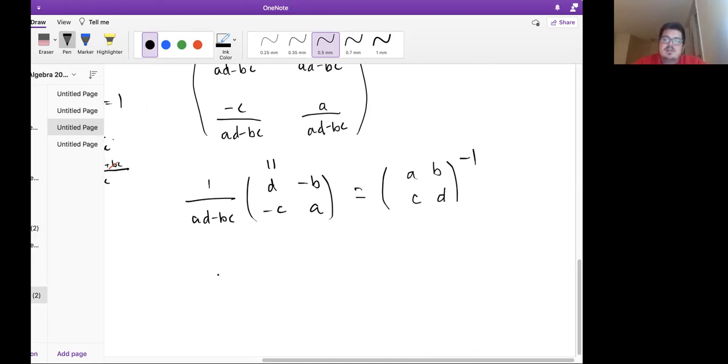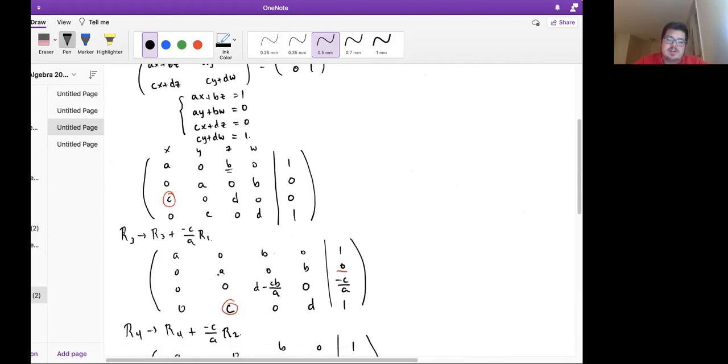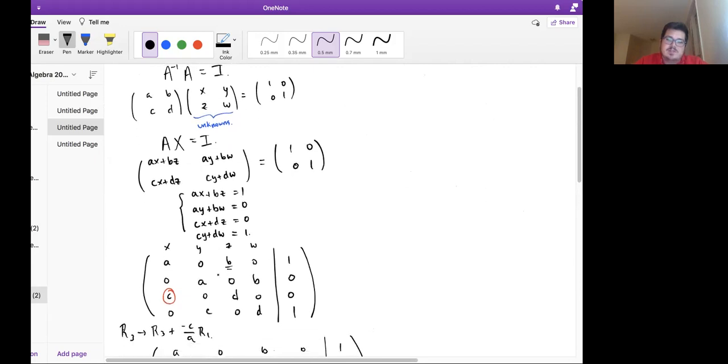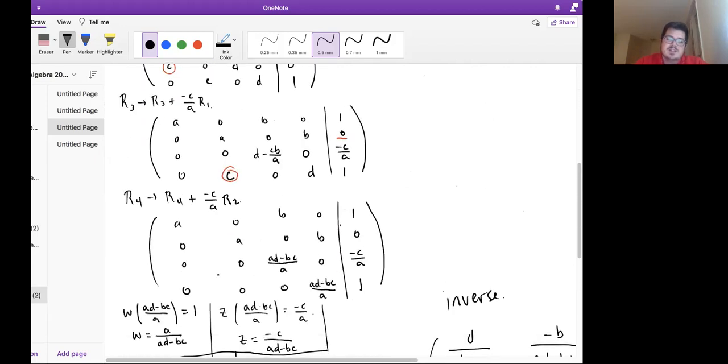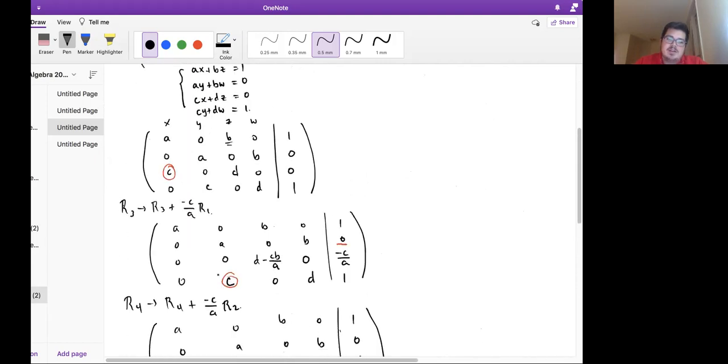By the way, I'll let you try to figure out yourself, but there are a couple of things that we assumed. A could not equal 0. Do you see why? What step forced us to say that A was not equal to 0? Yeah, we have a denominator.